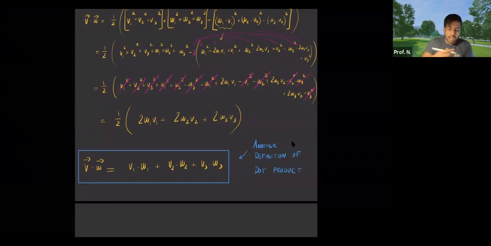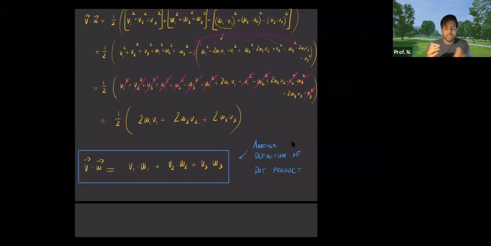And so the dot product, as you can tell, only can occur between two vectors of the same length, or of the same number of components. You wouldn't be able to have different size vectors and dot product them, because then you wouldn't be able to pair each component together to multiply them and add them.